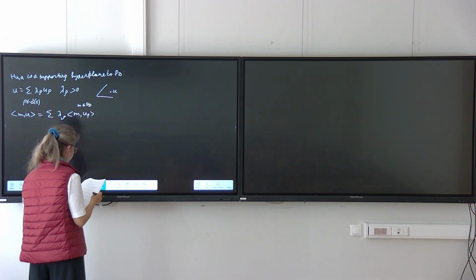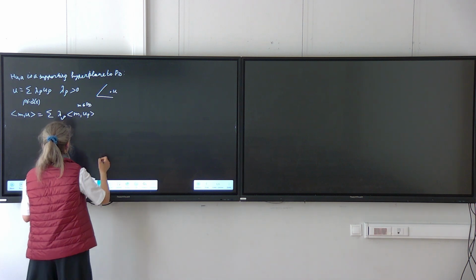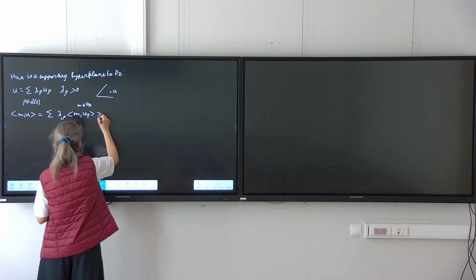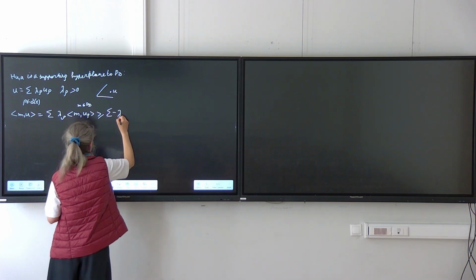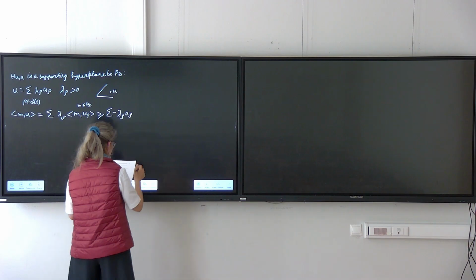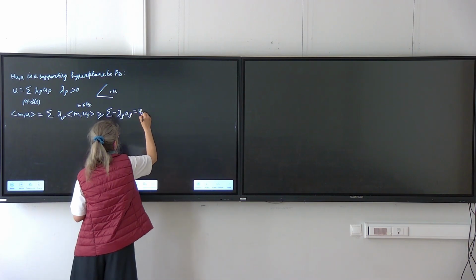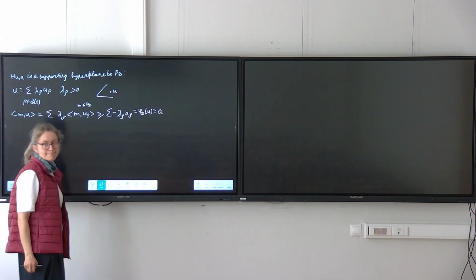So it is greater or equal than the sum of lambda_rho A_rho. So this is phi_D(U). This is what we set as A. Okay?